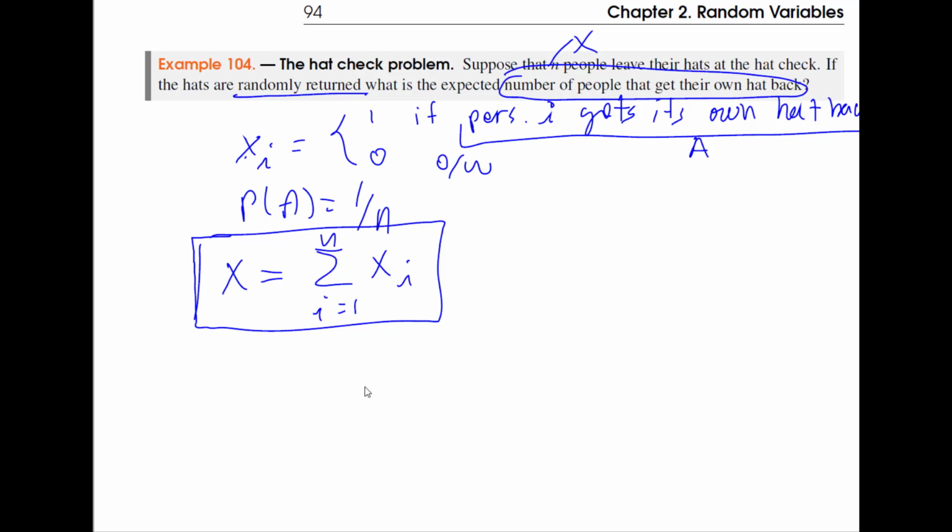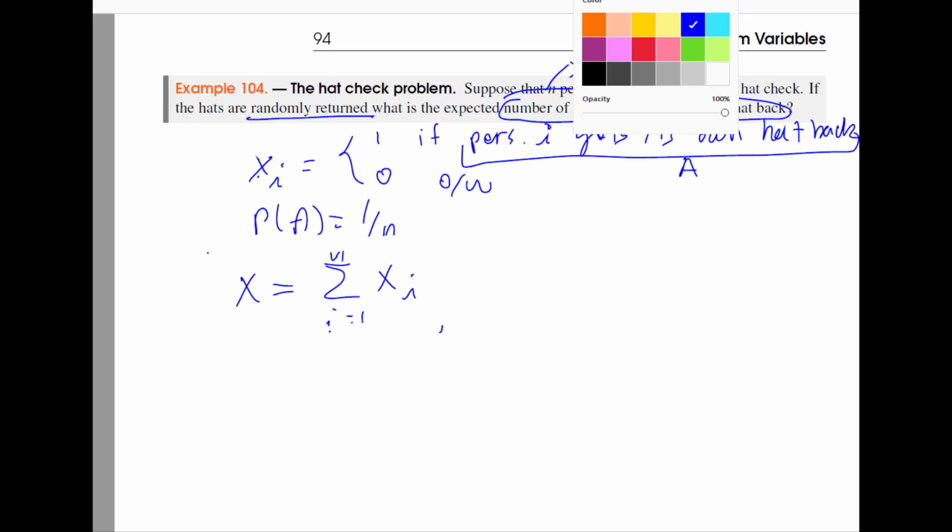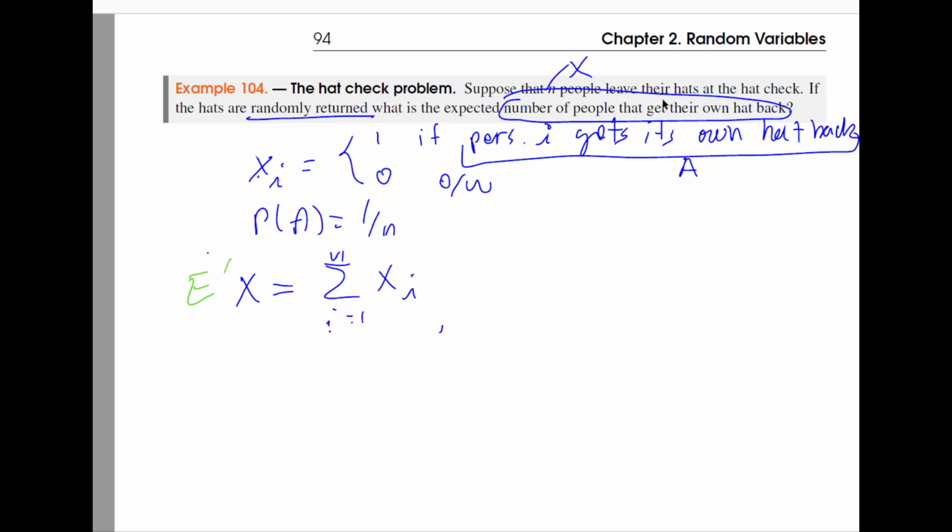Because then we apply expected value here. Expected value of x. We know that expected value comes inside summations. So you get the expected value of xi. We already know that this is P of A, which is 1 over n.